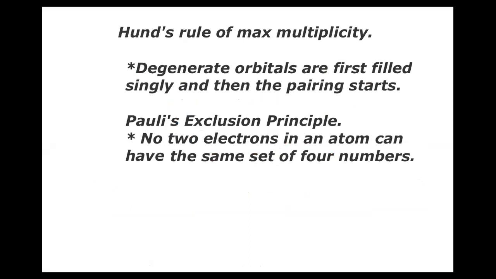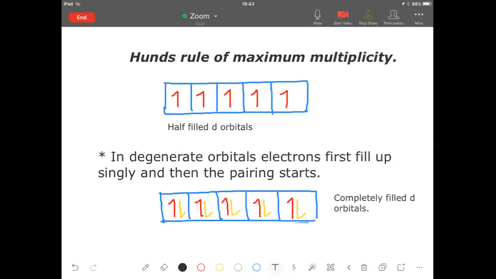All right. Now, what does this mean? You need to understand what a degenerate orbital is, and what it means when it says that the pairing starts. Okay, so we'll start with Hund's rule of maximum multiplicity.